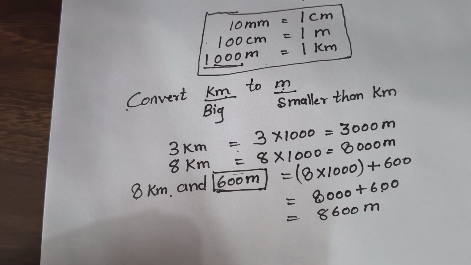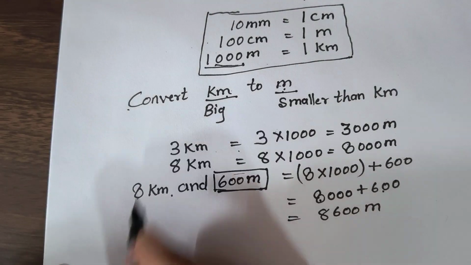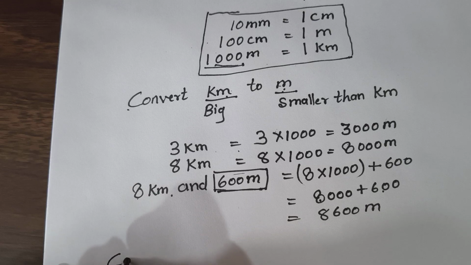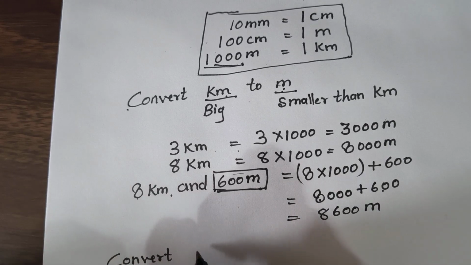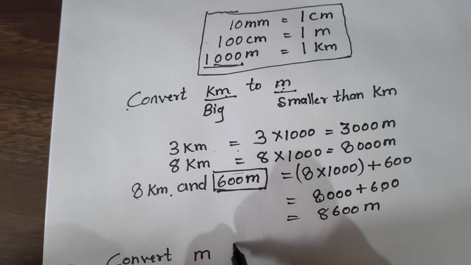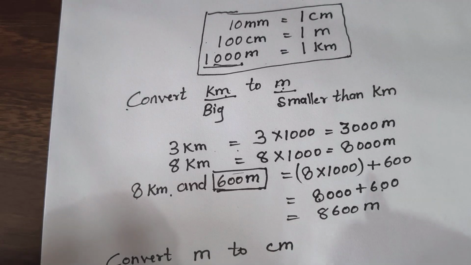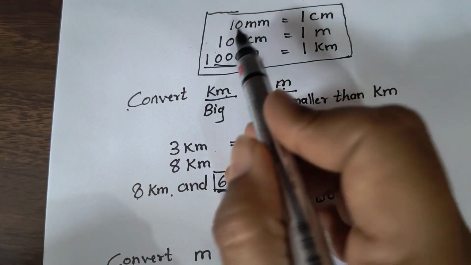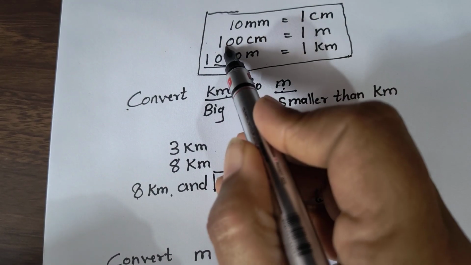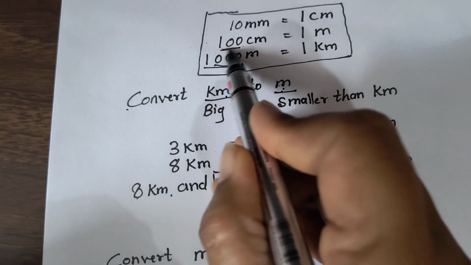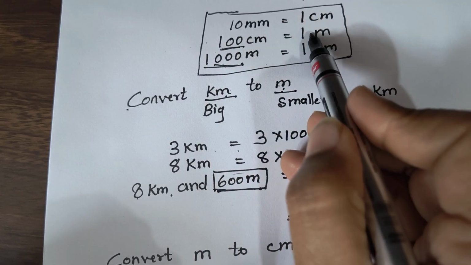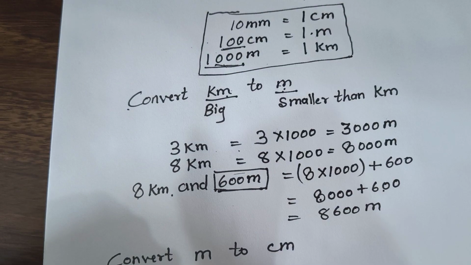अंडरस्टूड? नाउ सेम वे अगर आपको क्वेश्चन में आता है कन्वर्ट मीटर टू सेंटीमीटर. See, meter to centimeter. Now meter to centimeter, what is the relationship? 100, not 1000. Meter to centimeter, it is 100.